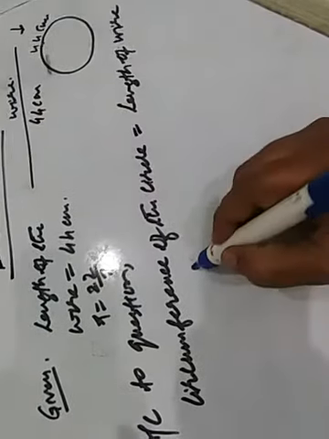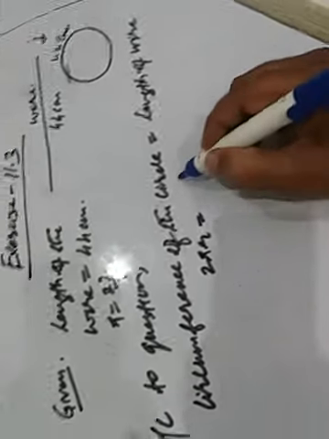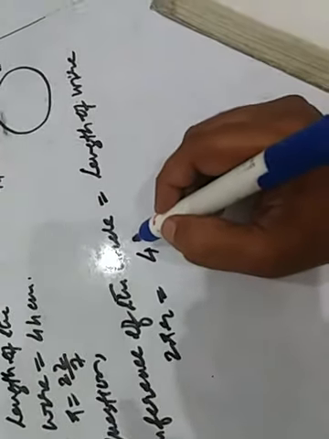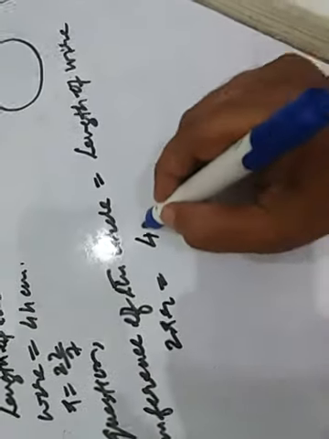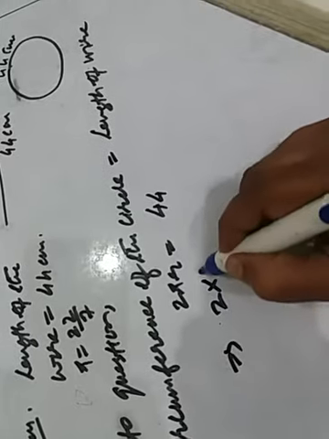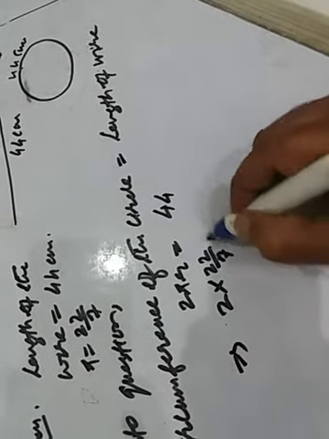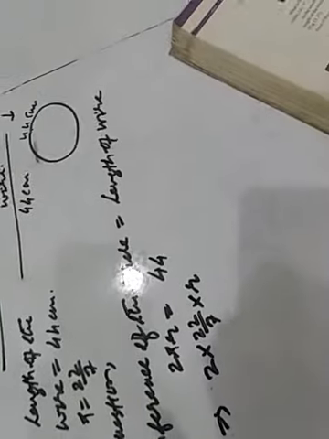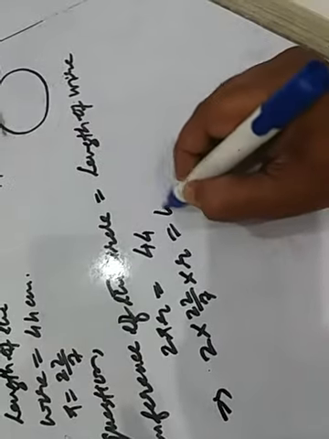That is 2 pi r, equal to, it is given to be 44 centimeter. This implies, putting the values, 2 into 22 by 7 into r equal to 44, to find the radius of that circle.